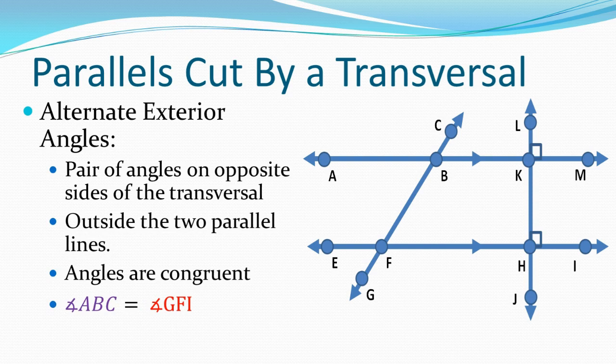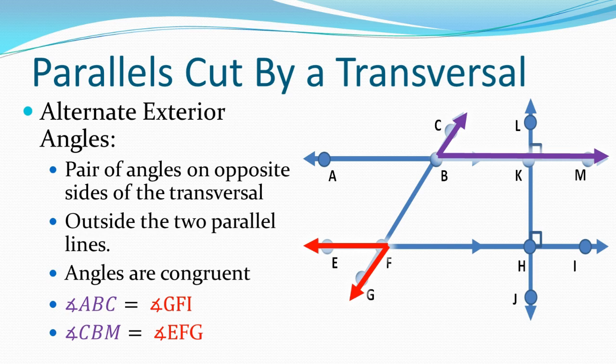This is like angle ABC and angle GFI. They are both on opposite sides of that transversal, so line GC. They are on outside of the parallels, so these two angles are congruent. We could also say that angle CBM and angle EFG are also congruent because they are alternate exterior. They're on opposite sides of the transversal and they're outside of the parallels.